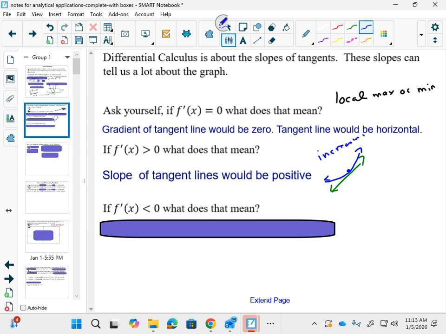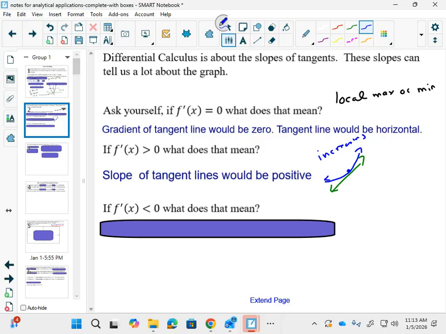We're going to write this all down later. I'm giving away some of what we learn later. Ruining it. Sorry. But if the slope of our tangent is positive, that means your graph is going to be increasing.